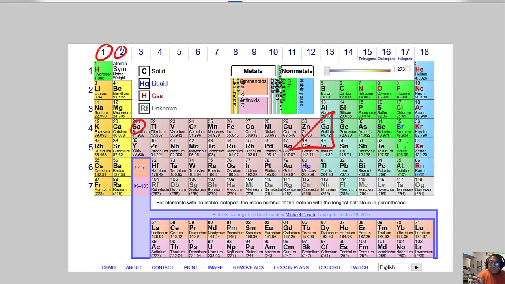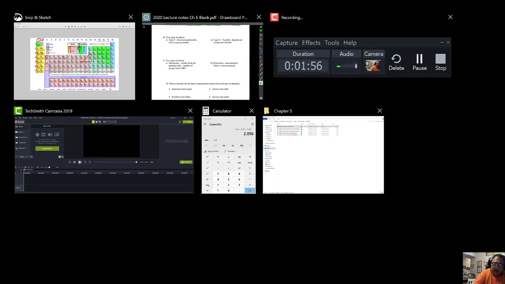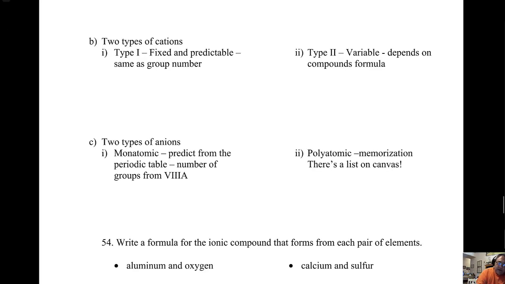Now, having said that, there are cations that have many possible charges, okay? The way I look at it from my personal life is when I was dating my wife, I wanted to be a fixed charge kind of guy.